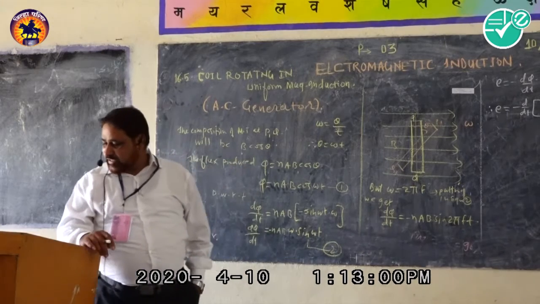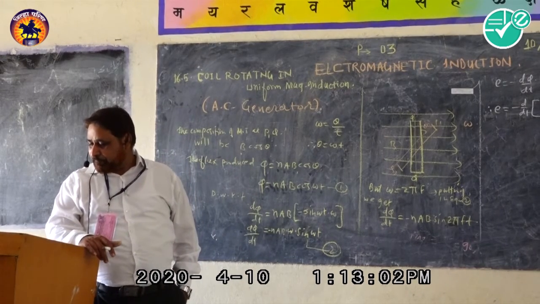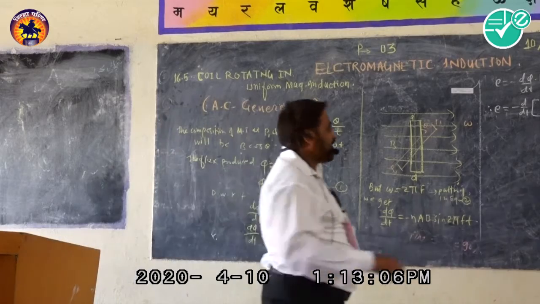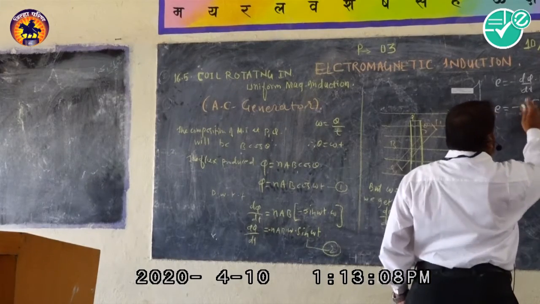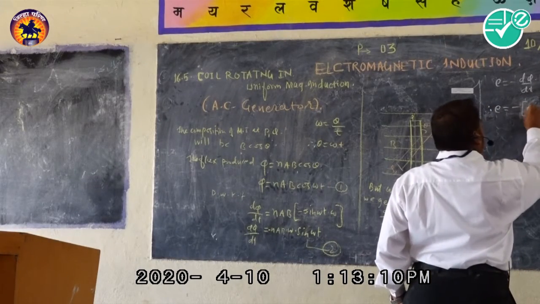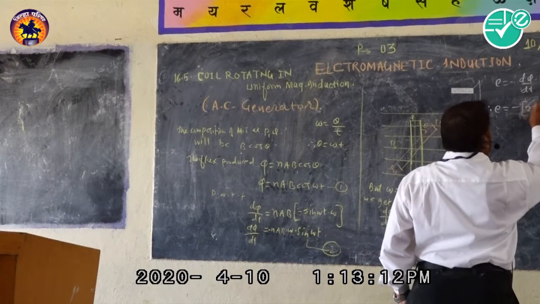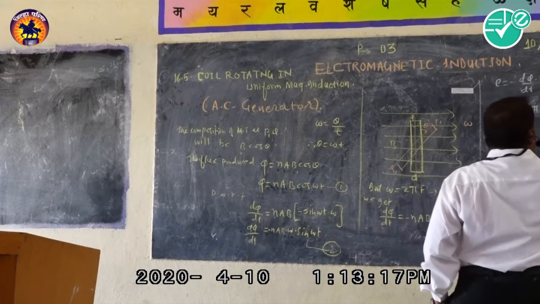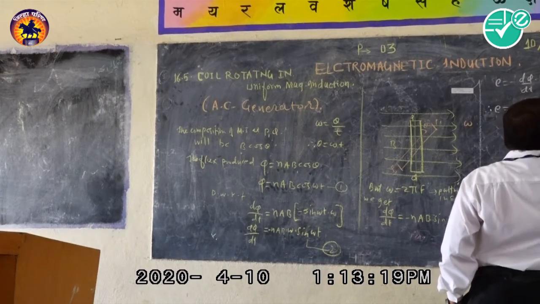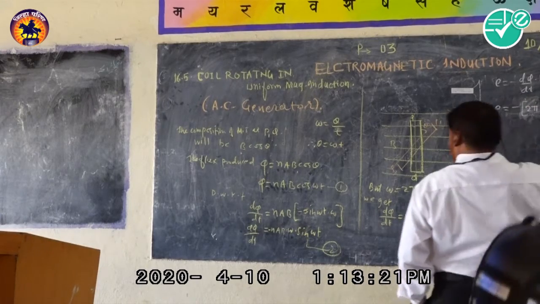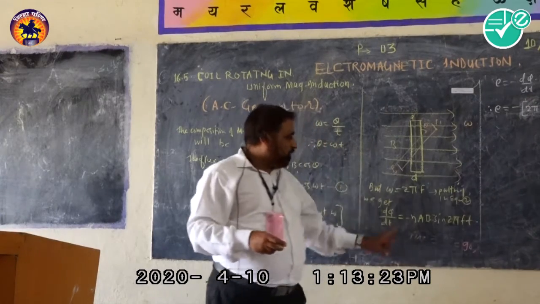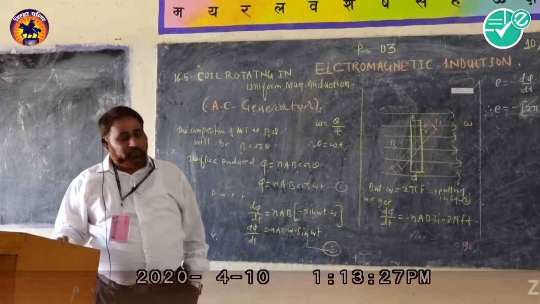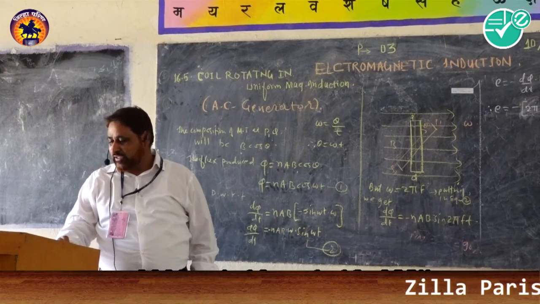So that is written there: E is equal to 2 pi f NAB sine omega t. I have put this value into equation number 2, so the equation for induced EMF E is given there.